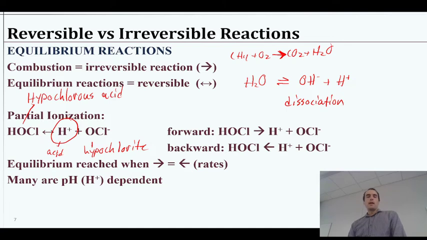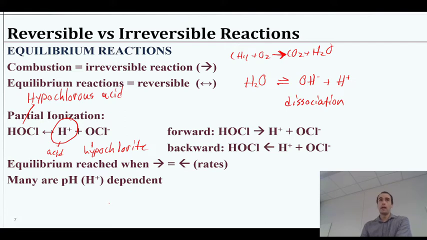If there's an H plus present in the reaction, then that means it's pH dependent. A lot of the systems we're going to look at are pH dependent. So changing the acidity, or the amount of base or acid in a solution, can manipulate the equilibrium reactions that are dependent that way.